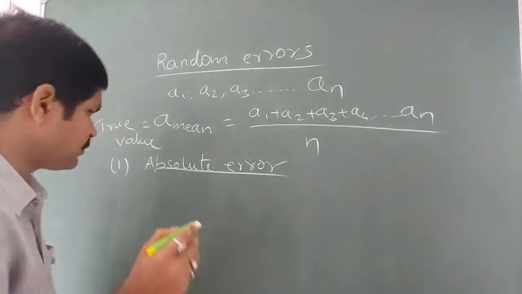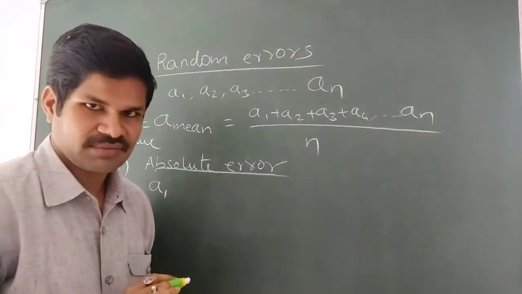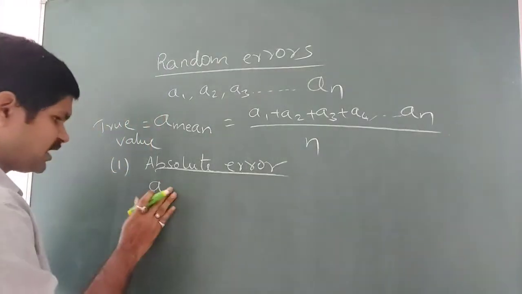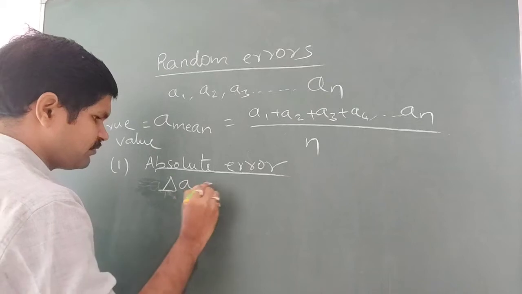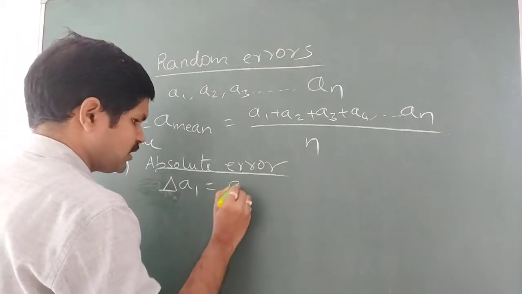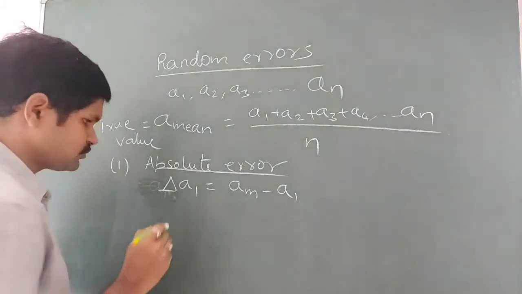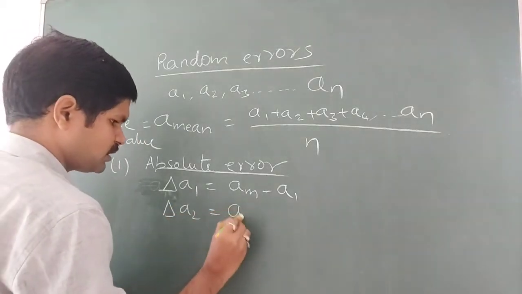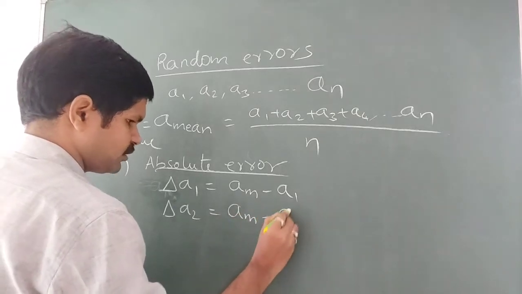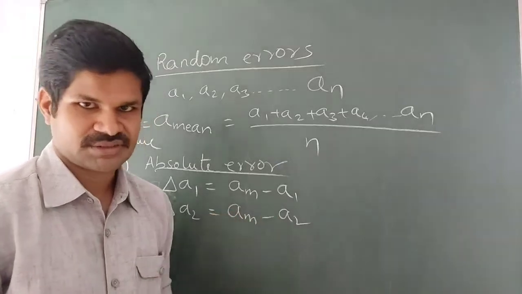For example, let us consider A1 is the first observation. Then absolute error can be written as delta A1, which is equal to the arithmetic mean minus A1. Then delta A2 will be equal to the arithmetic mean minus A2. We all know A1 and A2 are the observations.